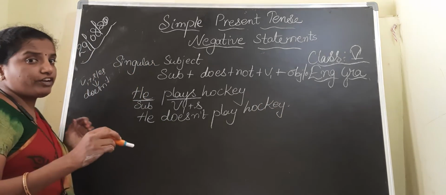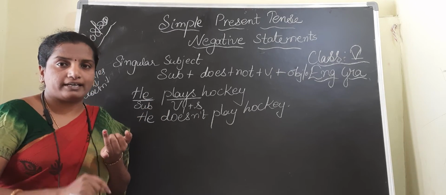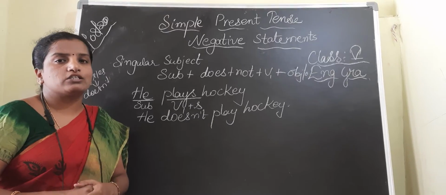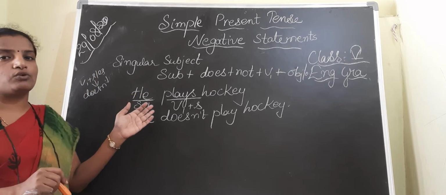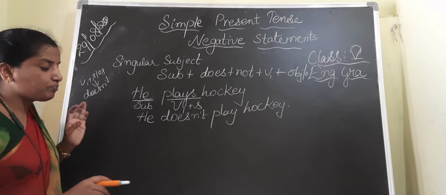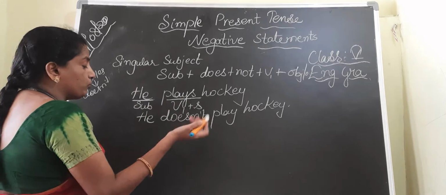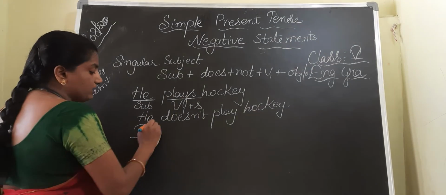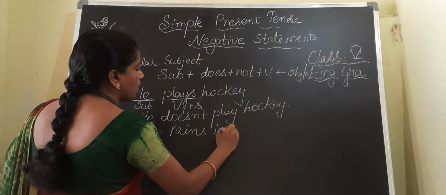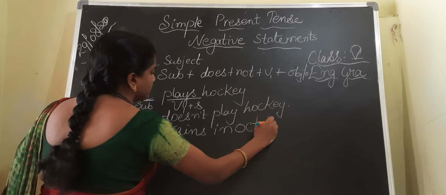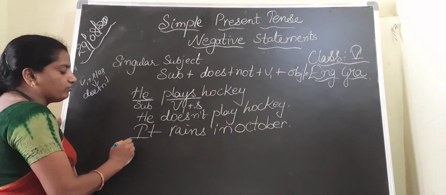And one more important thing we discussed yesterday, children. Whenever we are writing the negative form using do or does, along with do or does you have to use V1 only. Now see, children, another example, then we will move to the exercise. It rains in October. This is a statement for which you have to give the negative.